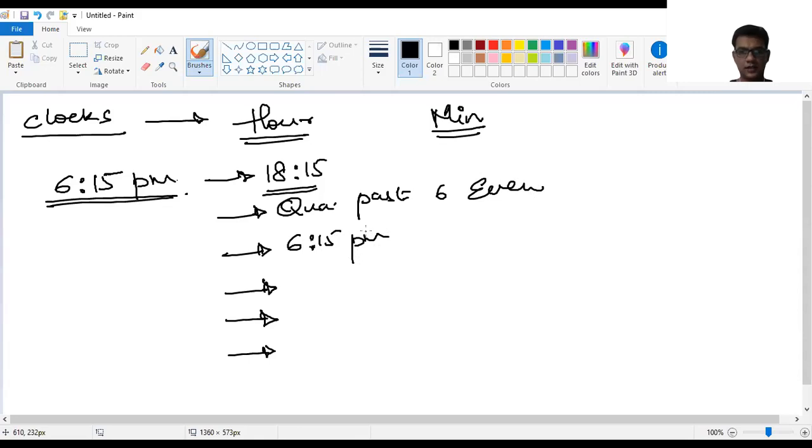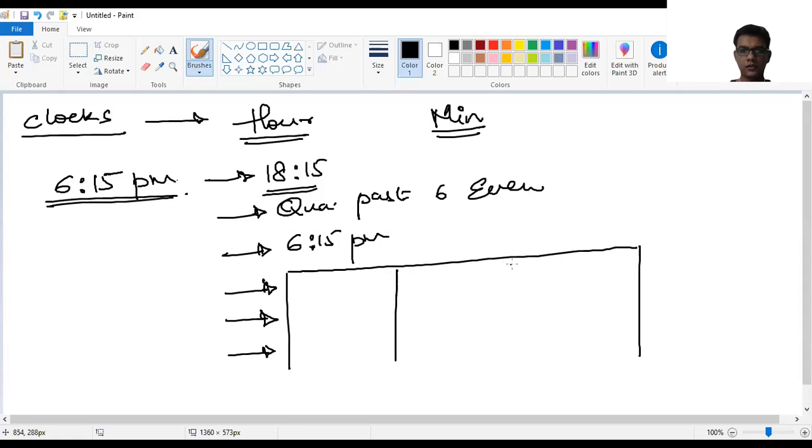So let's understand. Typically, for the most part, we tell time in three different ways. There are many ways, but everything falls under one of these three categories. One is when I say the time is 6:15, AM or PM. 18:15 is also the same category; it falls under 6:15.